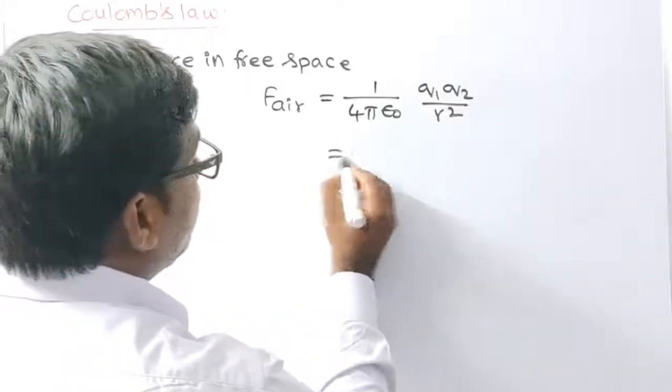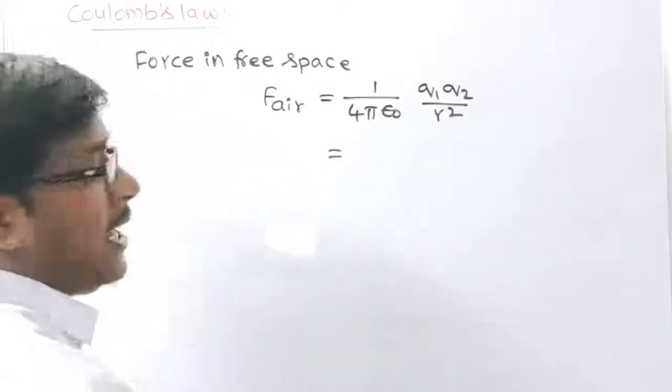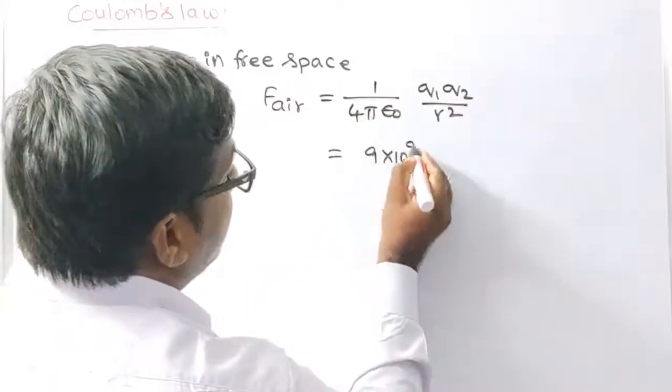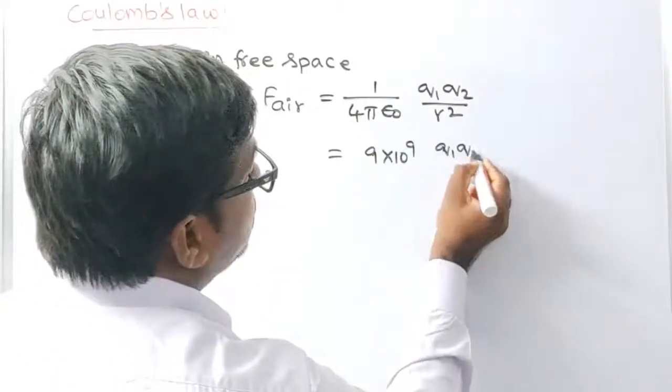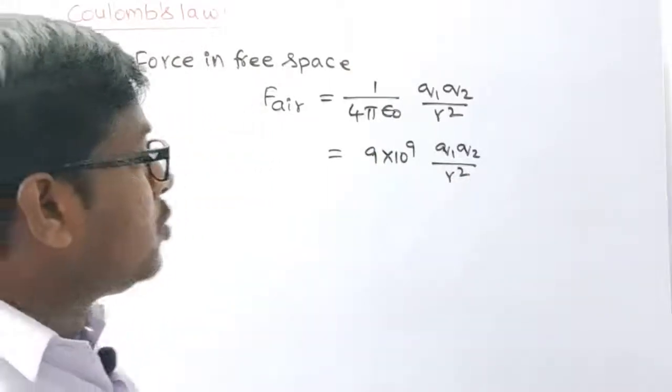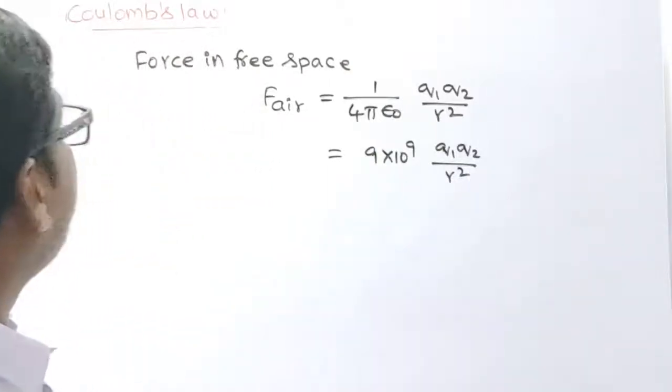Okay, 1 by 4 pi epsilon naught, that value is 9 into 10 power 9. So 9 into 10 power 9 q1 q2 by r square. This is the force in free space.